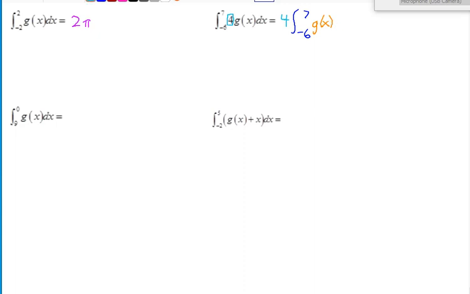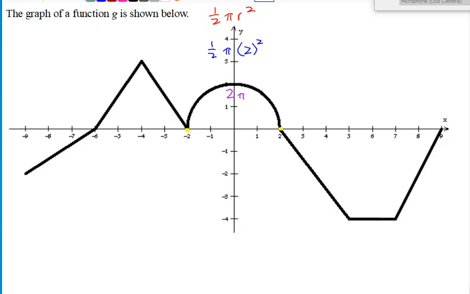So whatever we get for our area between -6 and 7, between the curve and the x-axis, that will end up getting multiplied by 4. So this one we've got a bigger interval from -6 all the way to 7. So that's almost, well, not quite the whole graph here, but it starts from -6 right here all the way to 7 right here. So let's first find the area of this triangle right here from -6 to -2.